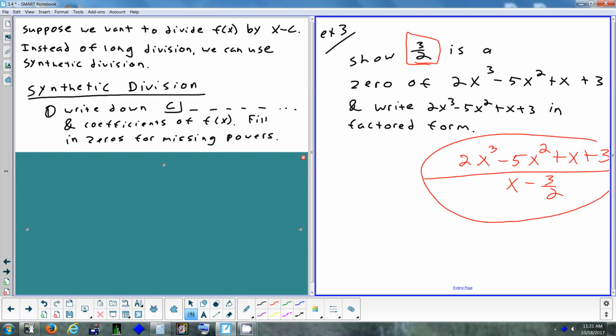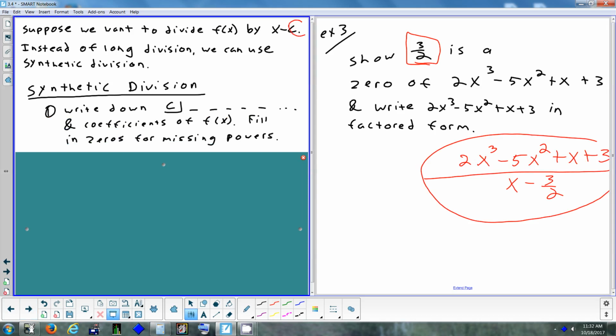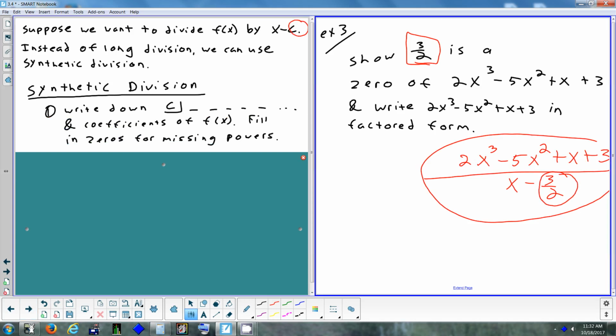And if you do that and get a remainder of 0, then it's going to prove what they're asking for. Okay, so step 1 is to put the number that comes after the minus sign. I want to be very clear, you don't include the minus sign. Just what comes after. So put 3/2 on the outside.